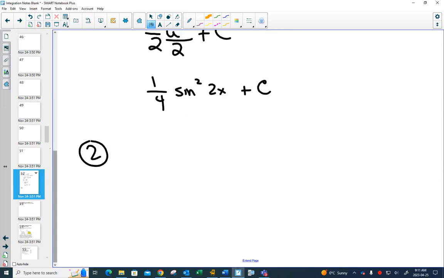Now, since the derivative of cos is sine, well, it's negative sine, but it really doesn't matter the number in front, we could have also made u equal to the cos 2x. And our substitution would have been a little bit different. We're going to see what that looks like.